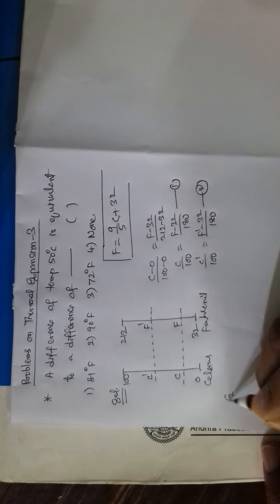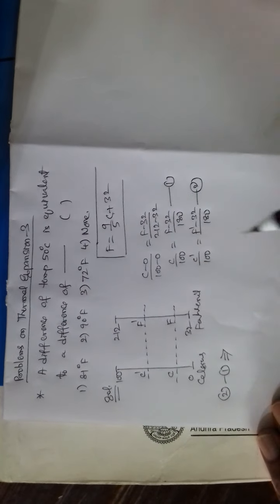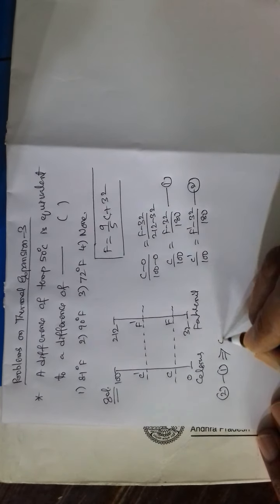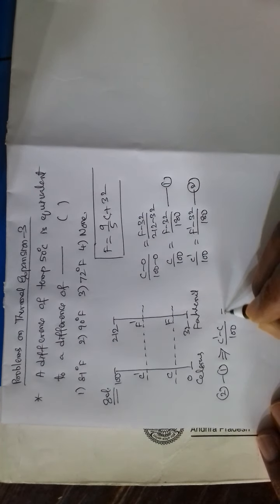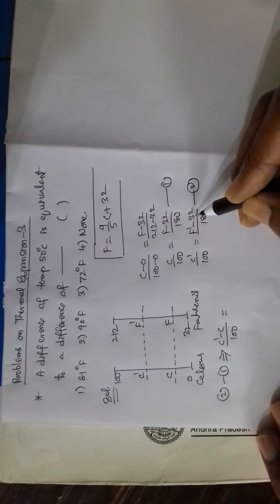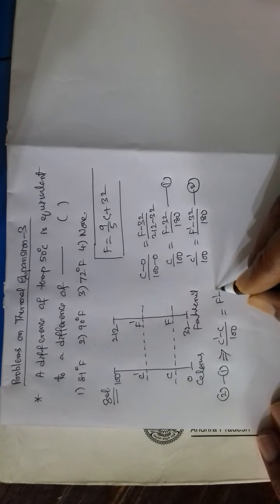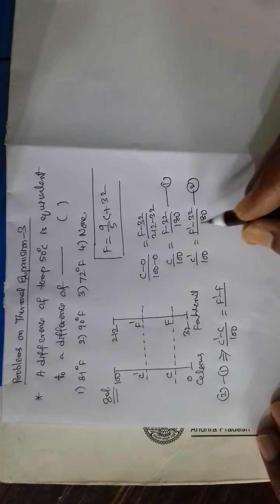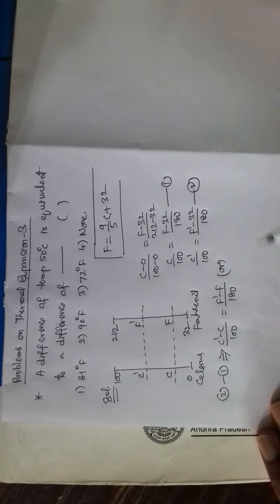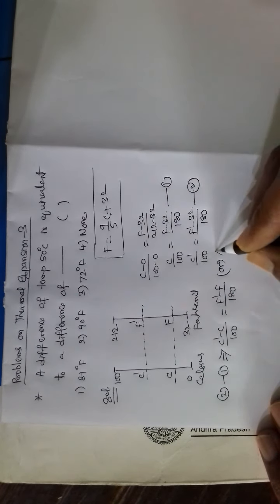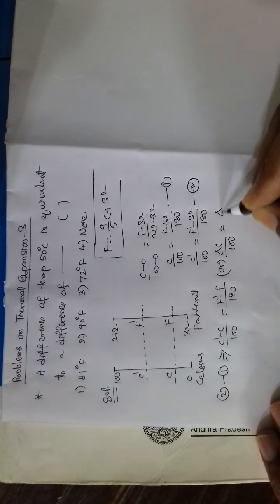Now second equation minus first equation gives C dash minus C, 100 common. F dash minus 32 minus F minus 32. Minus 32 plus 32 gets cancelled. 180 common. C dash minus C means delta C, F dash minus F means delta F.